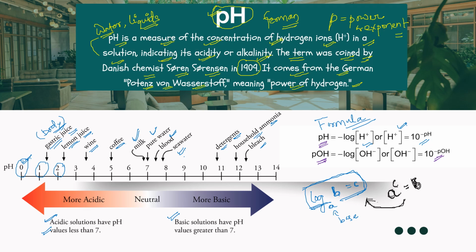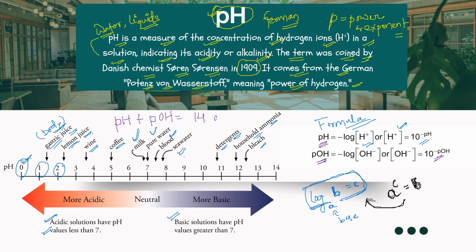There is one more formula that I have not written here, but I will show you, that you should know before we leave this slide: pH plus pOH equals 14.